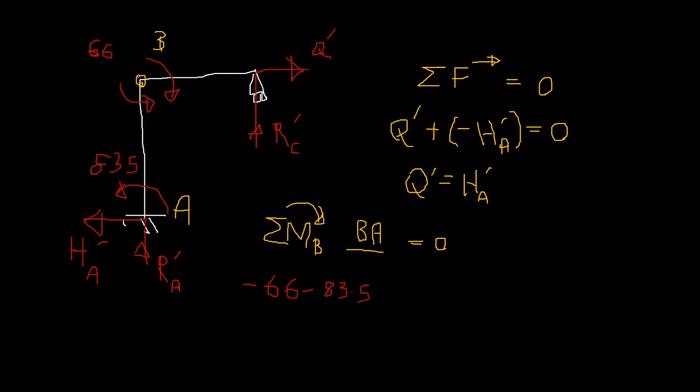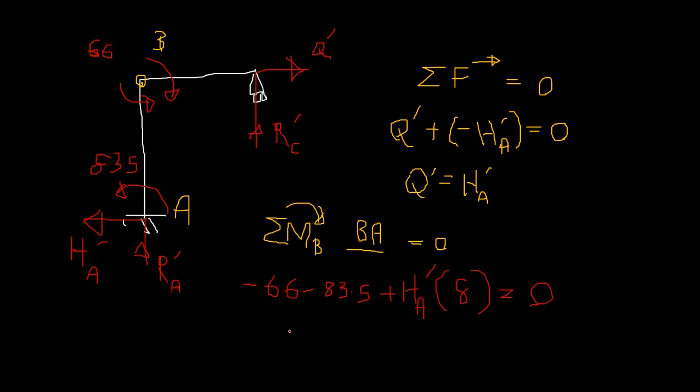Since we are taking moments around this joint, equilibrium forces are not coming. So this RA is not coming, its line of action is through this point, right? So only this HA is coming, that is going to be clockwise, into 8, the distance is 8, right? So you can just consider the values 66 and 83.5, the summation is 149.5, so you can divide it by 8.